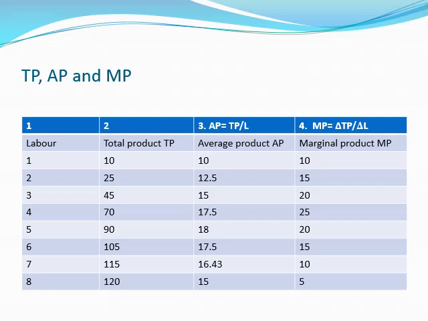When the company attracts the fifth lever, the marginal product declines from 25 to 20, and so on. The highest level of average product equals 18 when the company attracts 5 levers.